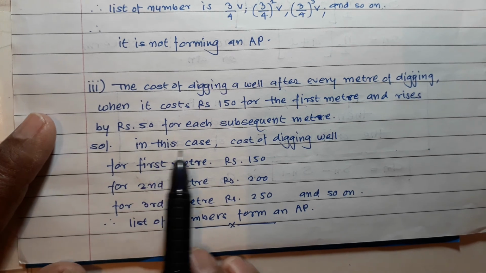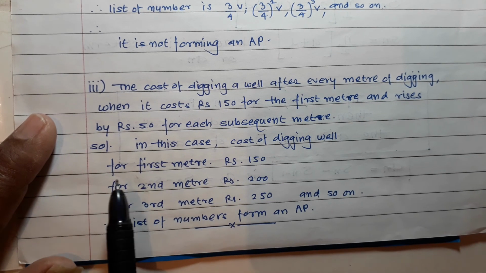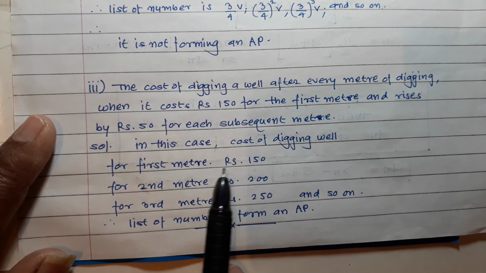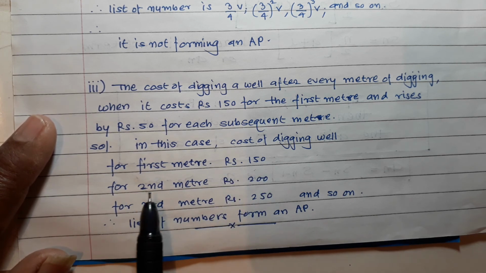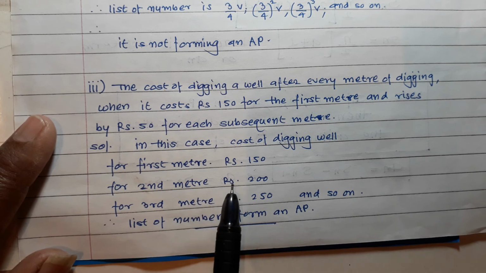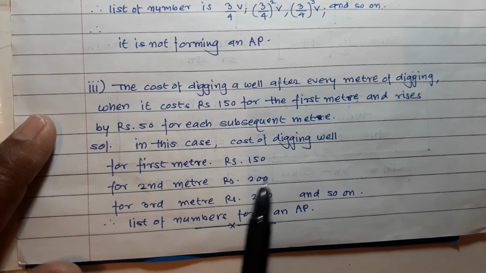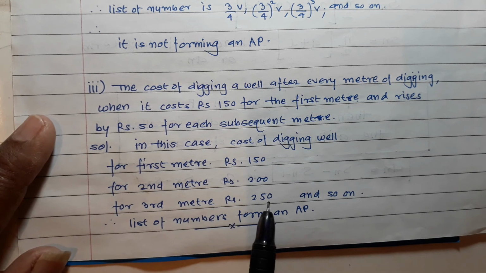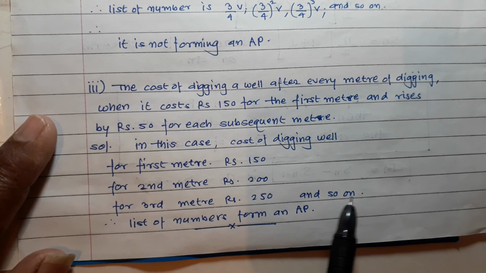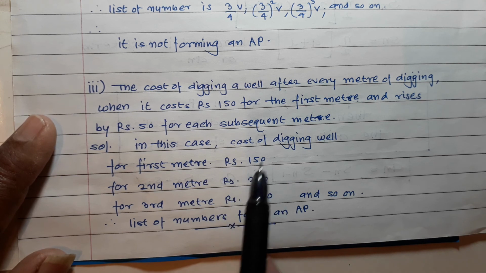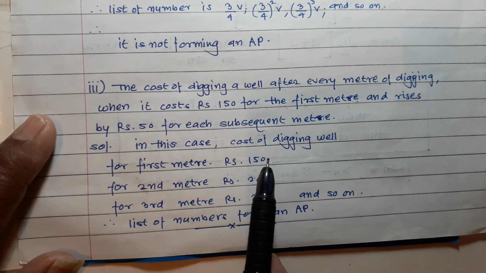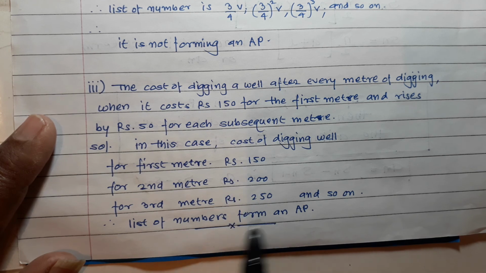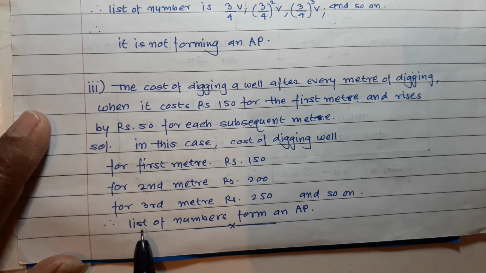Solution: in this case, the cost of digging the well for the first meter is rupees 150, for the second meter it is 200, for the third meter it is 250, and so on. So by adding 50 to the preceding term you get the successive term, and therefore this list of numbers forms an AP.